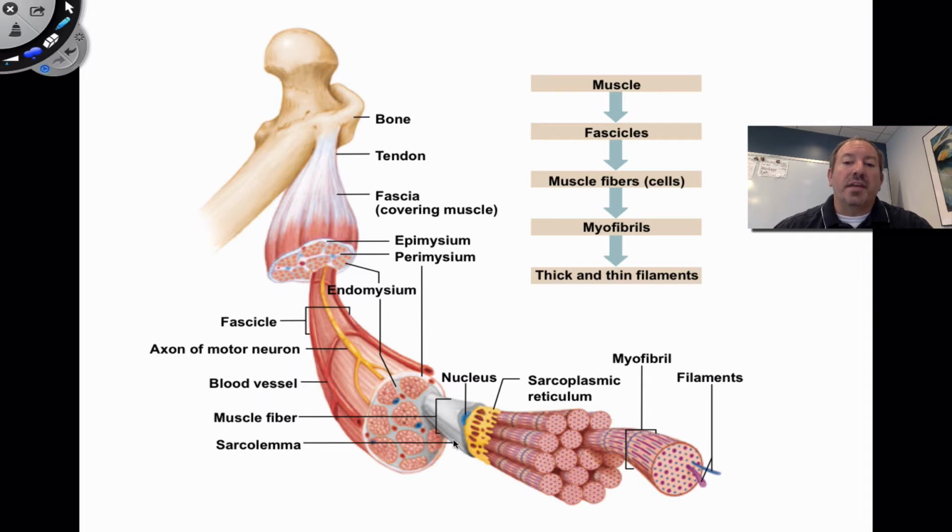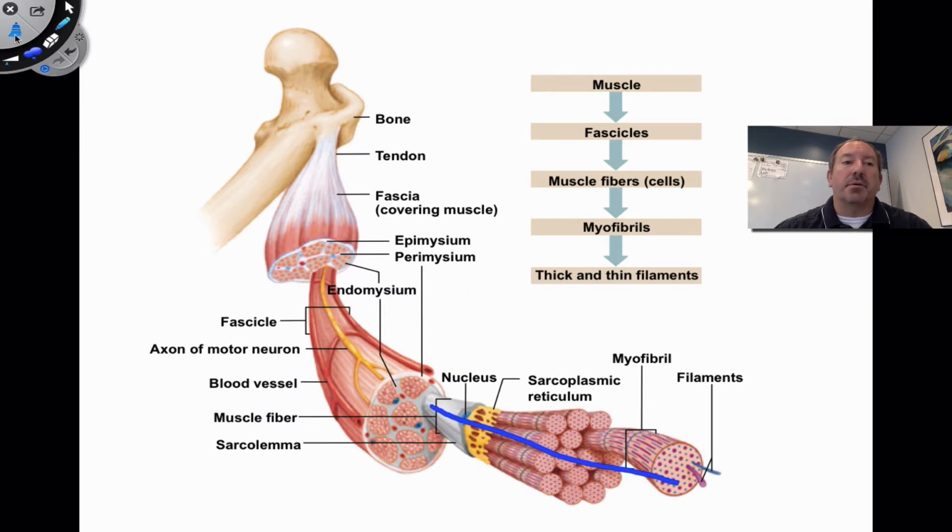Within one muscle cell, check this out, there are all kinds of sheets of protein, which look like little salamis right here. All these cables of protein are called myofibrils. Now, don't confuse that with a myofiber. A myofiber is the whole cell. So this is the whole cell right there, and each one of these is a myofiber.